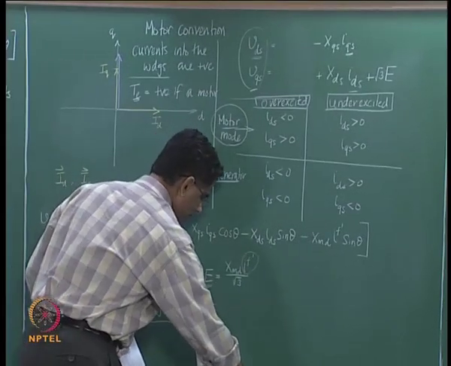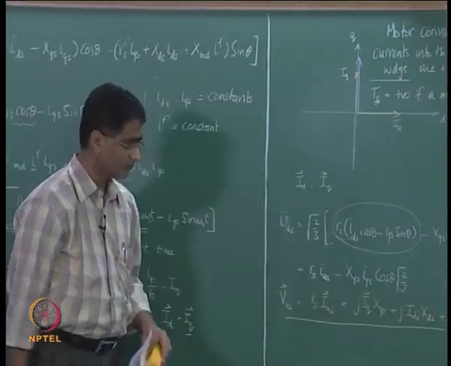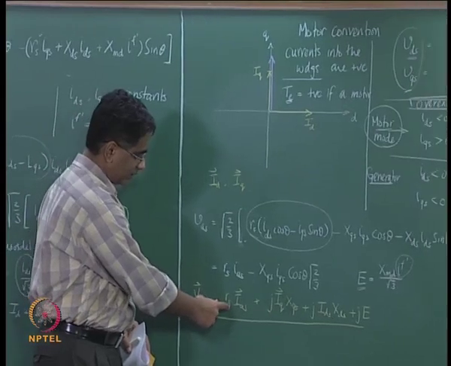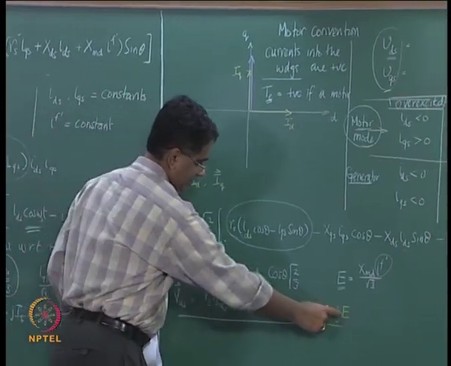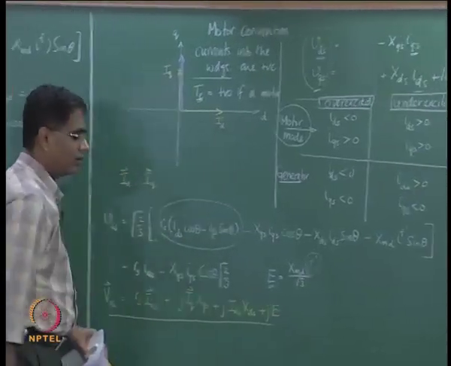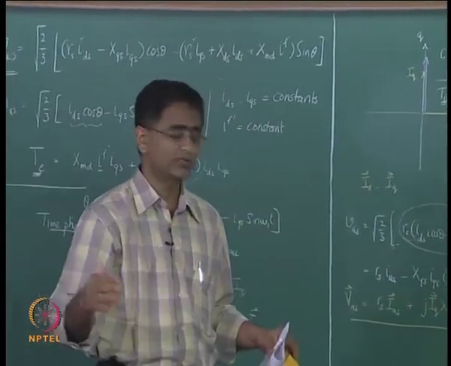Now the next thing is to look at this expression. This expression says that VAS is RS into IAS plus this and J times E. Now J times E always has to lie along the Q axis because we are taking the DQ axis as reference.